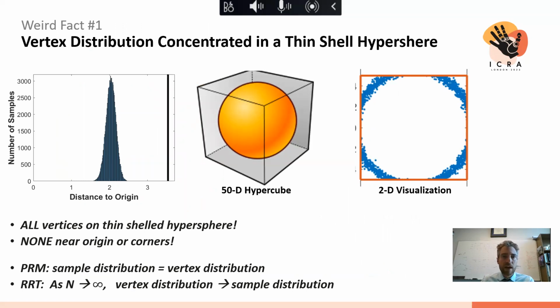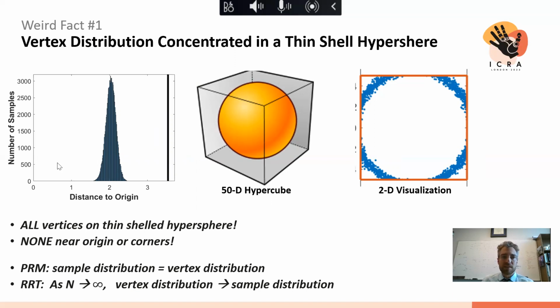So the first one is that almost all the samples with high probability are really just sitting on this thin-shelled surface of this hypersphere sitting inside this 50-dimensional hypercube, which is the workspace.